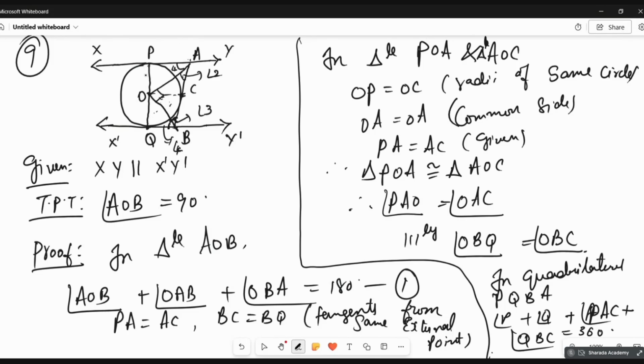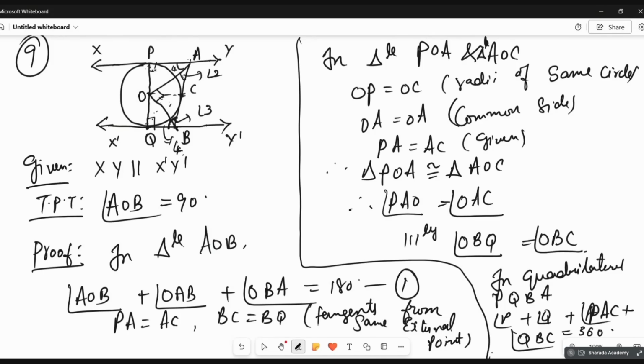Now, if I consider quadrilateral PQBA, the sum of all these angles, the P angle, the Q angle, this whole angle 1 plus 3 and 1 plus 2, all together should be equal to 360 degrees because it forms a quadrilateral.